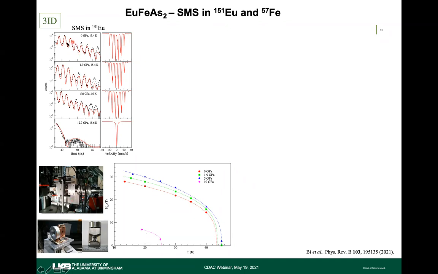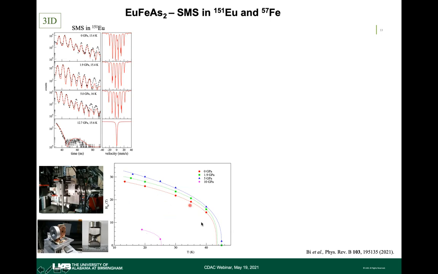And by fitting these data points, the scattered solid circles, we can actually resolve the magnetic hyperfine field and also the quadrupole splitting if there is any. So here, this is just a plot of the hyperfine field at different temperatures and pressures.